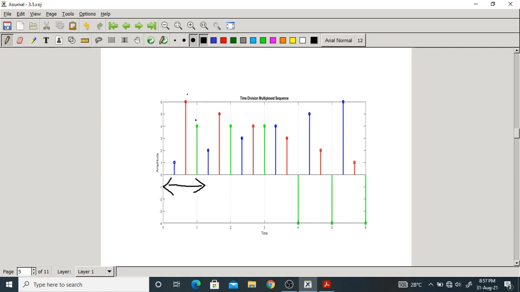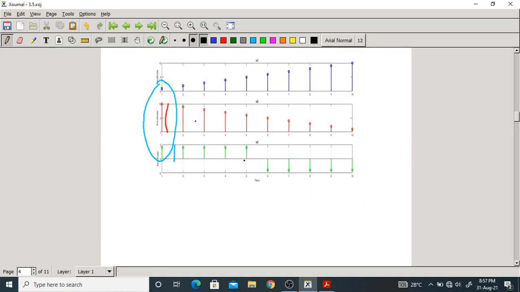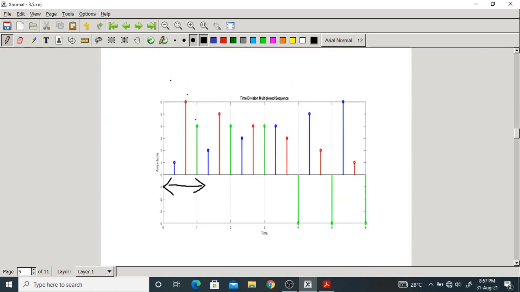So I have taken the first samples of all three signals. Next I will take the second samples of all signals. These three are the second samples, next these three are the third samples, these are the fourth samples, and so on.